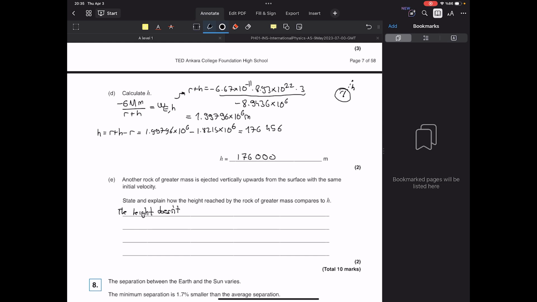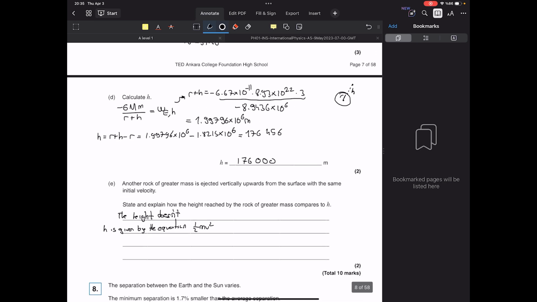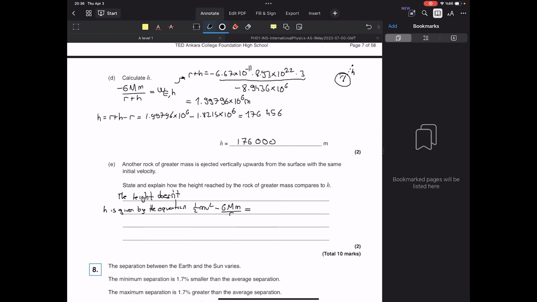The reason is that h is given by the equation: 1/2 mv squared plus the potential at the surface, which is negative GMm over r, is equal to the potential at h, which is negative GMm over r plus h. As you can see, the m's cancel out.